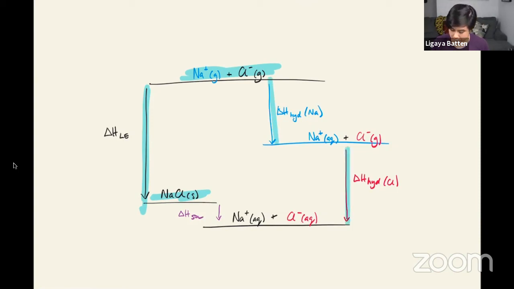And then the last bit that's remaining is the solid ionic compound dissolving in water, creating aqueous ions there. So hopefully you can see that this is just an alternative route to go from gaseous ions to a solid ionic compound. And again, this allows us to indirectly calculate the lattice enthalpy without being able to measure it.